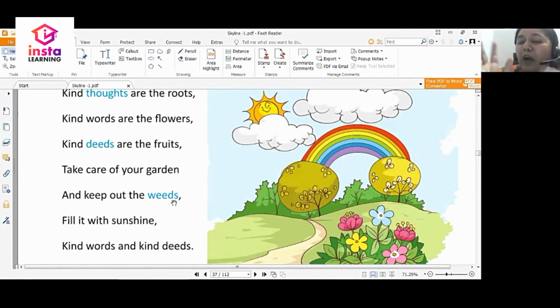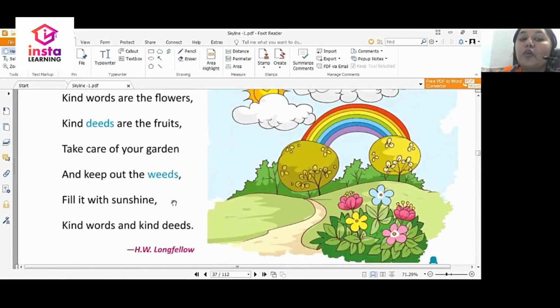They're generally brown in color, and whenever you see them, they're very dirty, very unkempt, and they destroy the beauty. So the poet is saying you need to keep all the ill thoughts away from your mind, and you need to fill your heart with good thoughts, and you fill it with sunshine, which means you only have good thoughts.